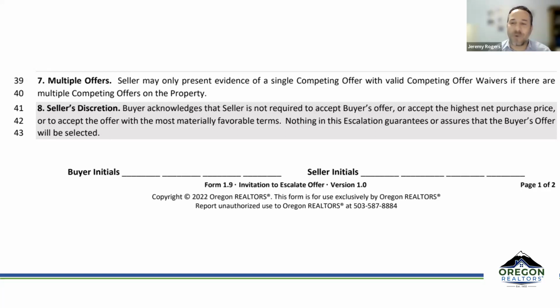The seller is not required to accept the buyer's offer just because it includes an escalation and because the buyer believes it was the best offer. So that means they don't have to accept the highest net purchase price. They don't have to accept the one with the most waivers. The seller's going to have the decision as long as they're making that decision lawfully, not violating fair housing laws, for example. They can make that decision based on the criteria that are most important to them. So the buyer needs to know that this isn't a guaranteed winner just because they're escalating.